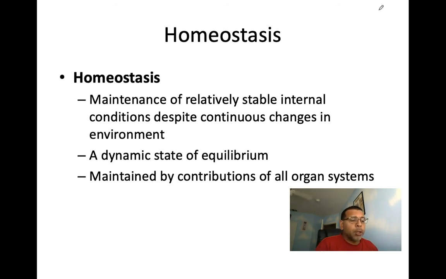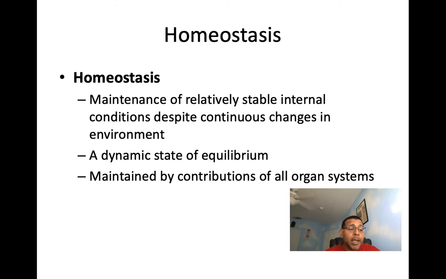It's a word used to describe the body's ability to maintain a stable internal environment while the outside world changes continuously. In simpler terms, it indicates a dynamic state of equilibrium or balance. We consider the body to be in homeostasis when it's functioning smoothly and its needs are met.